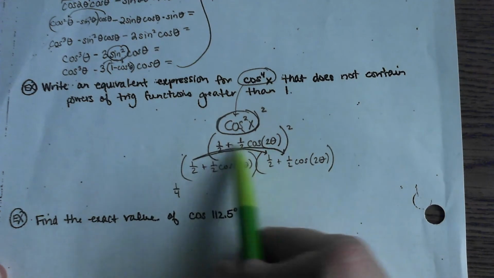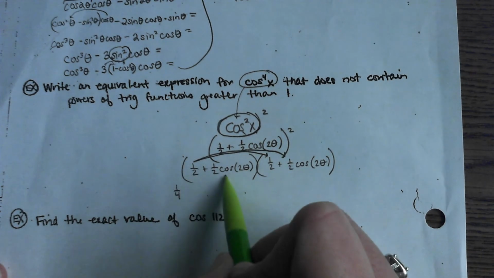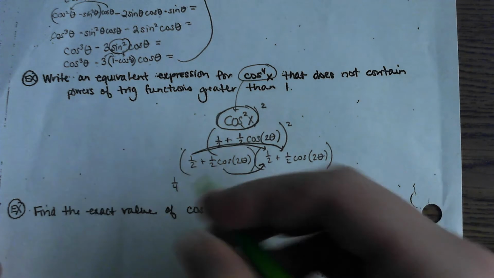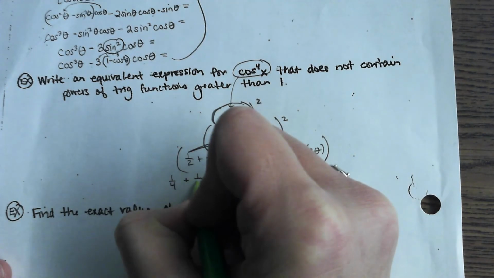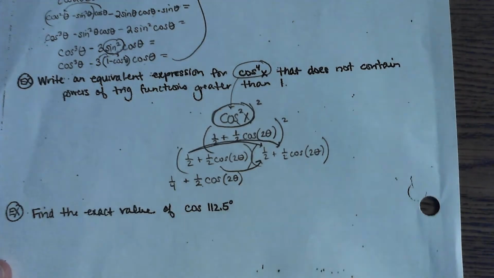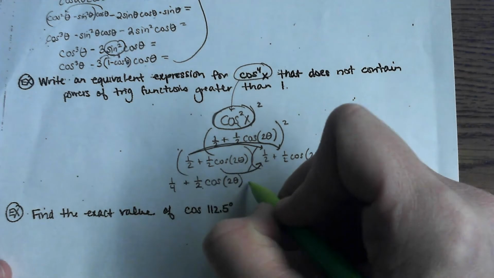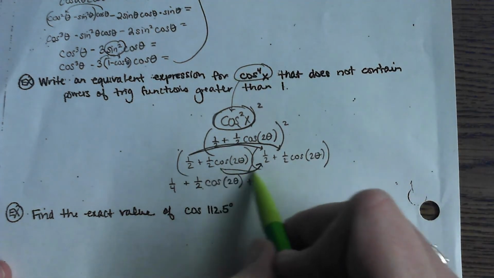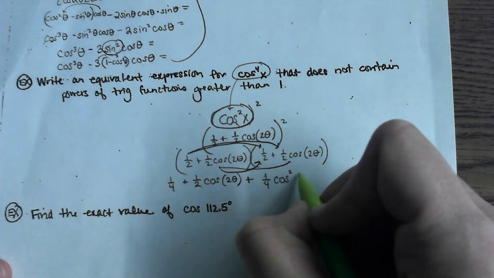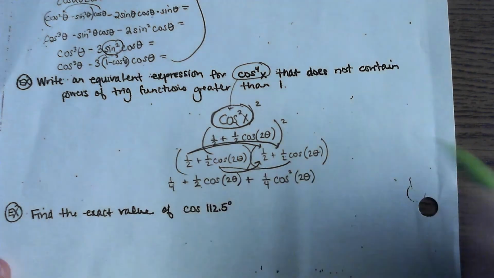That'll be plus a fourth cosine theta plus another fourth cosine of 2 theta. So that'll be a fourth plus a fourth, which is a 1/2. And then my last will be a 1/2 times a 1/2, which is a fourth cosine squared of 2 theta.